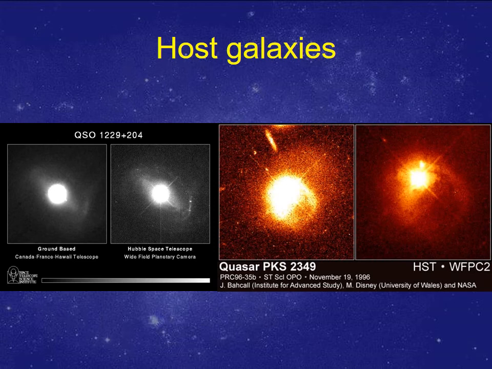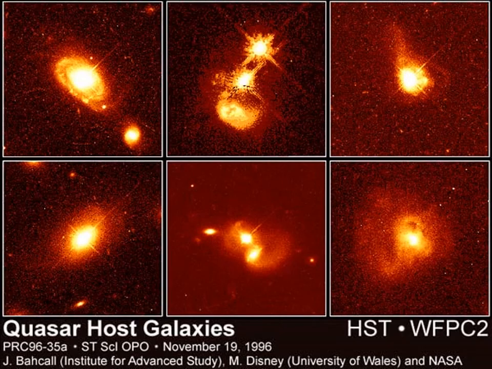And then finally, by the 1990s, they were starting to see hints of galaxies surrounding the quasars, meaning the quasar is really the core of a galaxy, a super bright core. So once again, super bright means Eddington limit, super mass. So they found more and more quasars that had galaxies surrounding them.